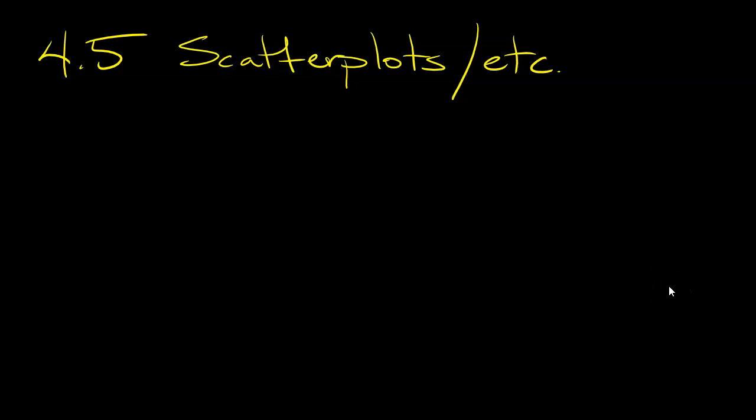Okay, so 4.5 ends up. The first thing I guess we'll talk about is 4.5 is about scatter plots, and scatter plots are basically graphs that are made up of lots of individual points.